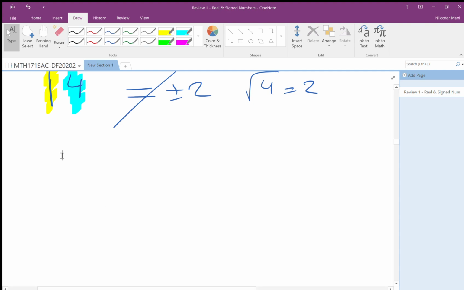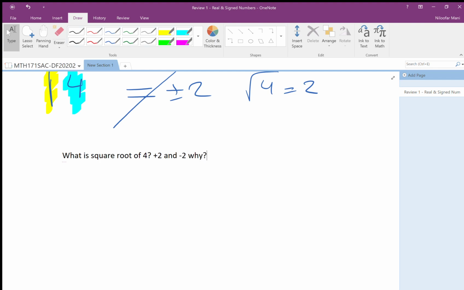If I say in language, just in English, in any language, what is the square root of 4, you can say plus 2, minus 2.